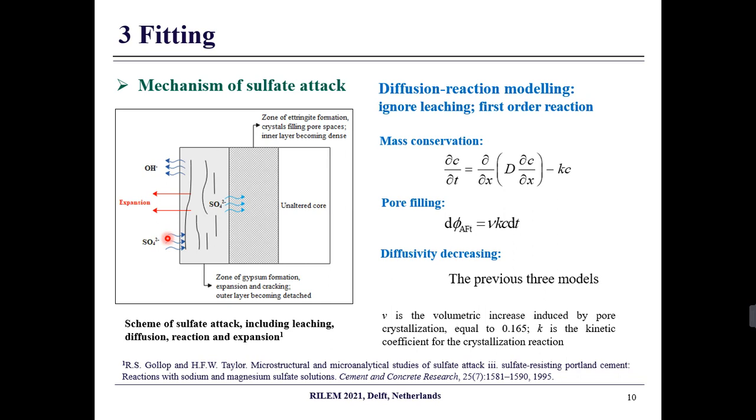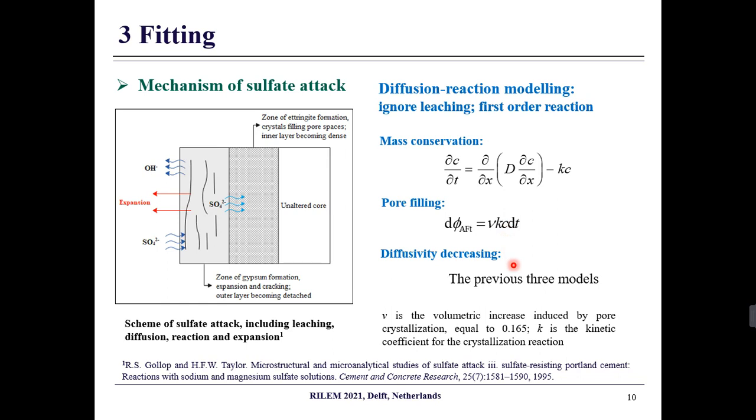Let us translate the sulfate attack mechanism into mathematical language. First of all, the mass conservation combines diffusion and reaction, and then crystal filling in the pores is written by volume conservation.